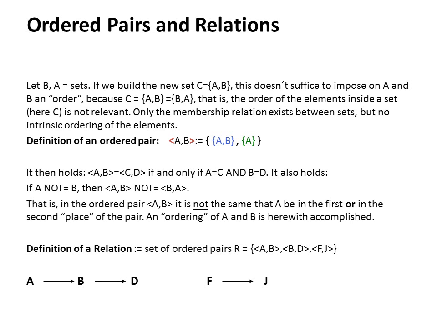This in turn implies that if A is not equal to B, then (A, B) will not be equal to (B, A). That is, in the ordered pair (A, B), it is not the same that A be in the first or second place of the pair. An ordering of A and B has been accomplished herewith.